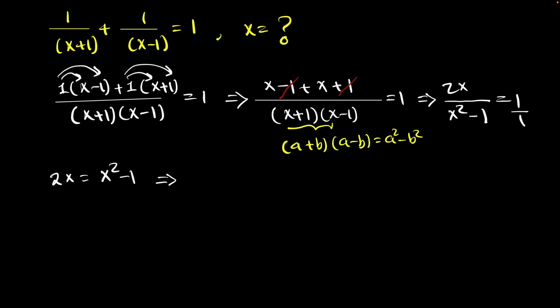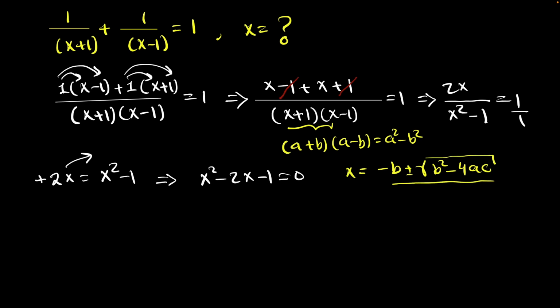Let's move this 2x to the right side. Here we have positive, and when we move it to the right side, it becomes negative, so we have x squared minus 2x minus 1 equal to 0. Okay, so for solving this quadratic equation, we use this formula: x is equal to negative b plus or minus the square root of b squared minus 4ac, over 2a.